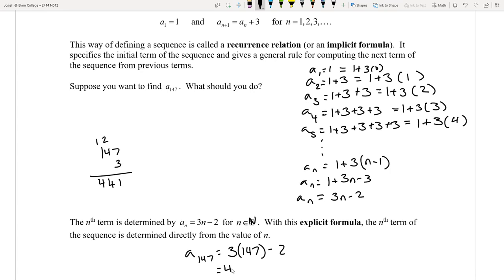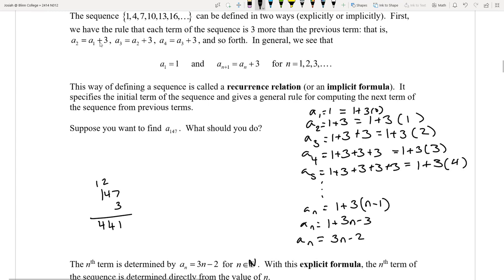So we get 441 minus 2, so we get 439. And that way we're able to find a sub 147 without having to go through each and every term. So this is sometimes possible. It'll be possible in a very strict set of circumstances. This is one of them, whenever we are adding a specific number to get to the next term.